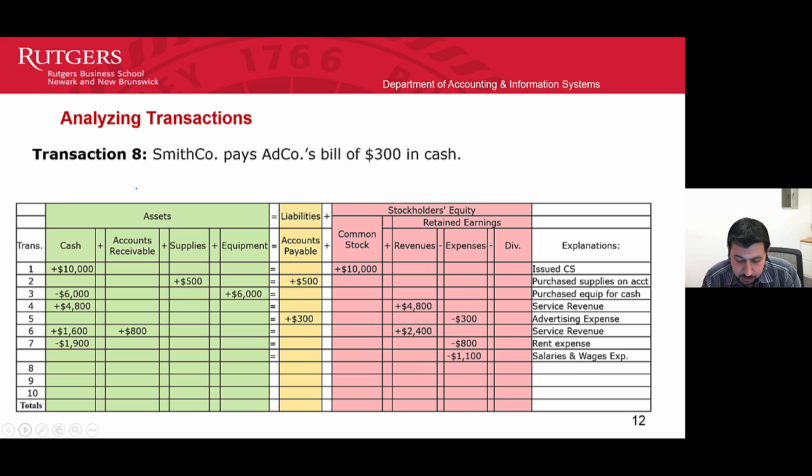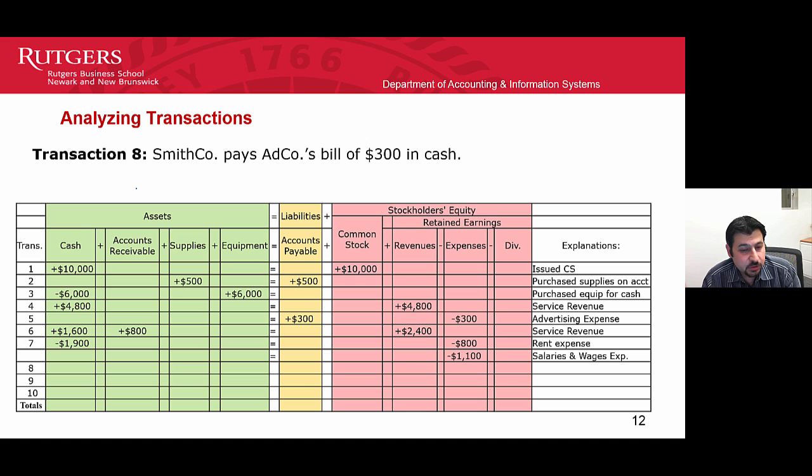Smithco pays Atco's bill of $300 in cash. So that was that $300 bill that was here. Now, here in this case, what we're doing is we are paying a debt. Atco is not providing an additional service. As a result, we don't have a new expense. It's not an advertising expense that was provided in transaction 5.